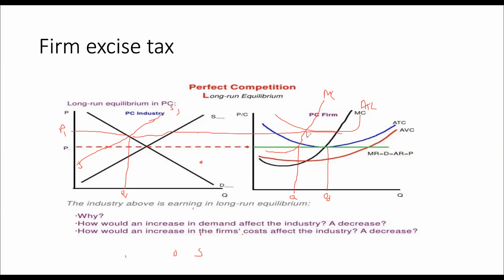And the quantity from the original quantity definitely goes down. Okay. All right. So that's how you would handle the excise tax, which takes you from the long run to the short run back to the long run.